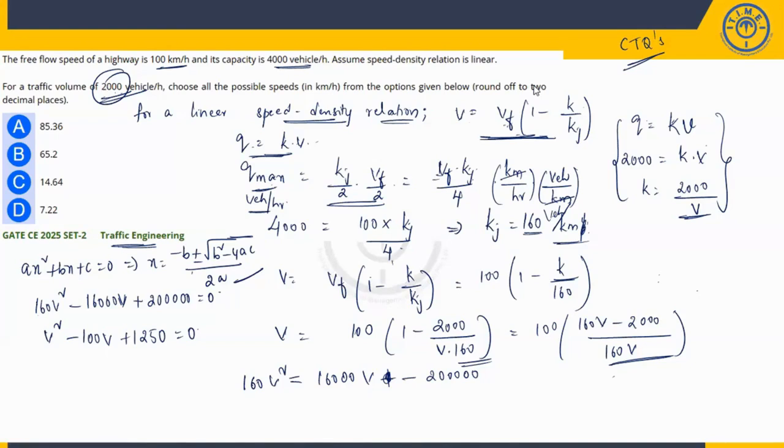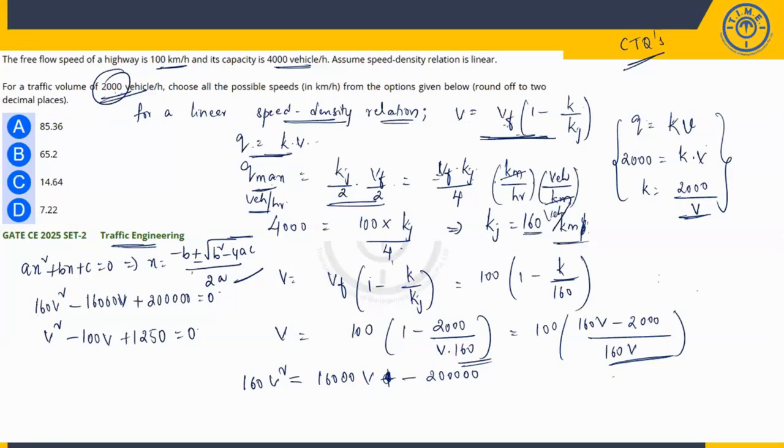What about others? Others, please give a try. Very good, Anupriya. Very good, Tangavini. 85.36, 14.64.